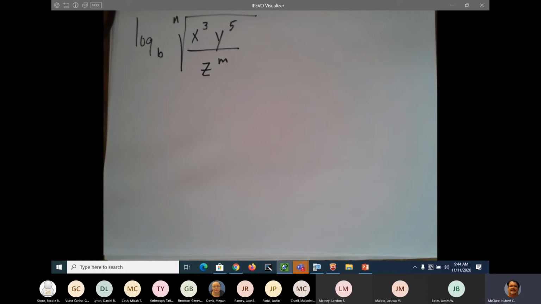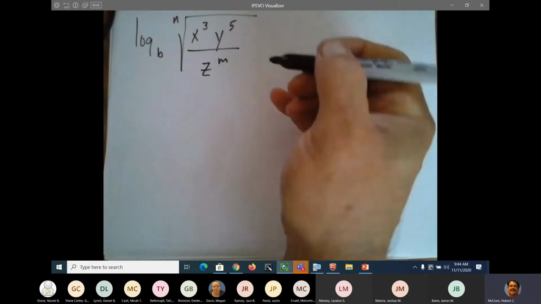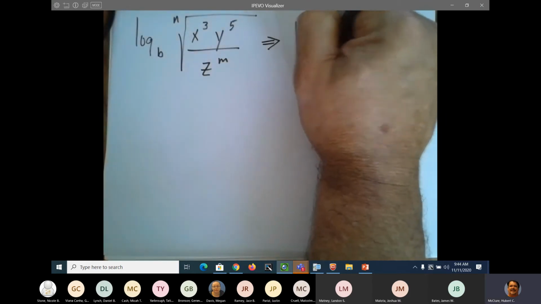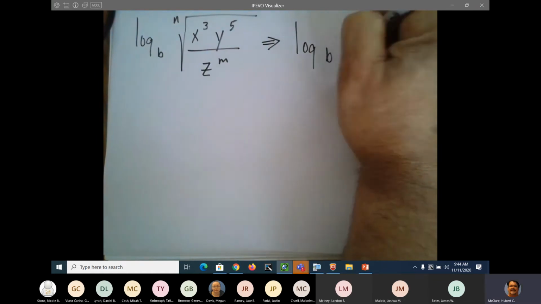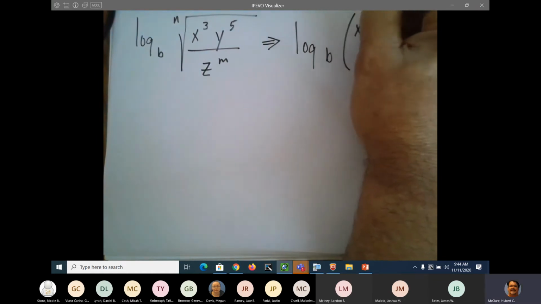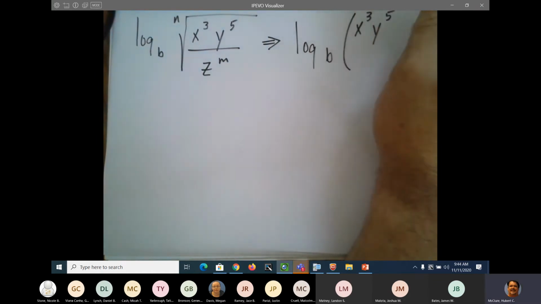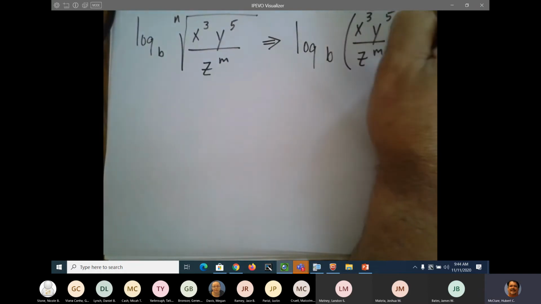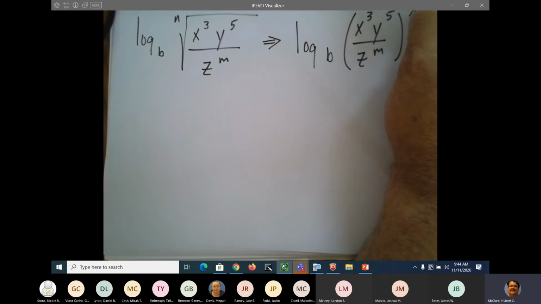Okay, so here we go. I'm going to change this into log base b of x to the third, y to the fifth, over z to the m, raised to the 1 over n power.